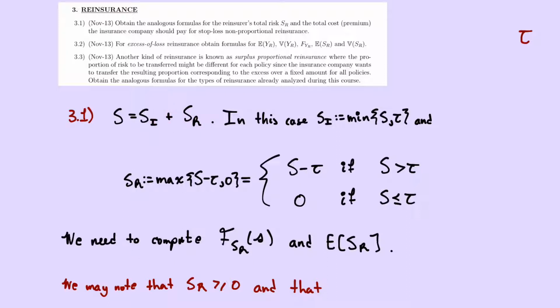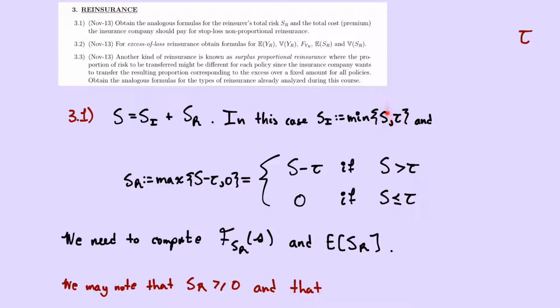Okay, so in the case for the stop loss non-proportional reinsurance, this is the general model, okay? But in particular for the stop loss non-proportional reinsurance, we have that the definition of the random variable SI is given by the minimum between the random variable S and a fixed amount tau.